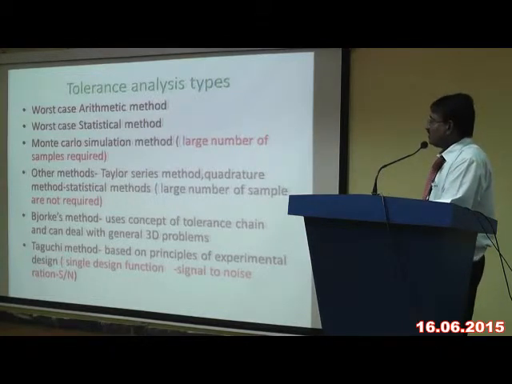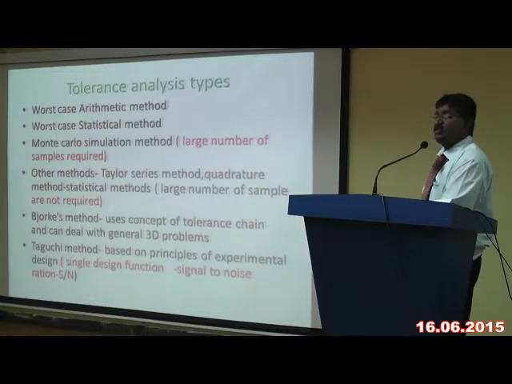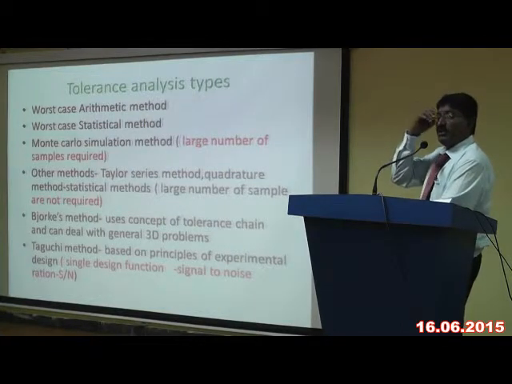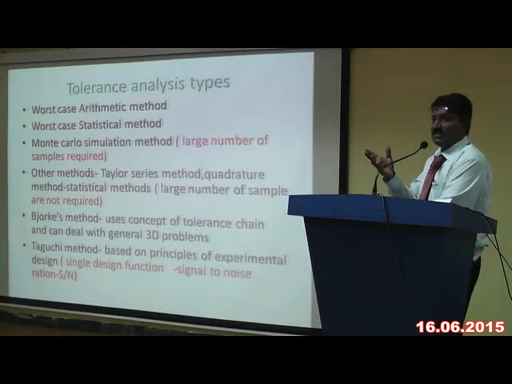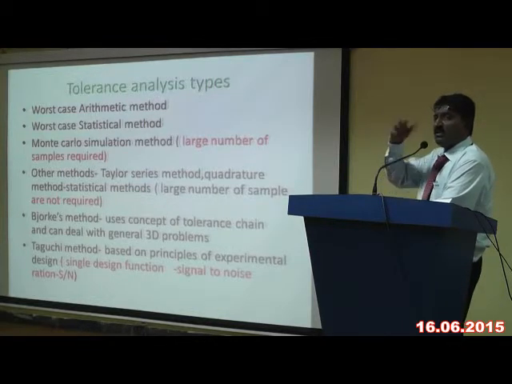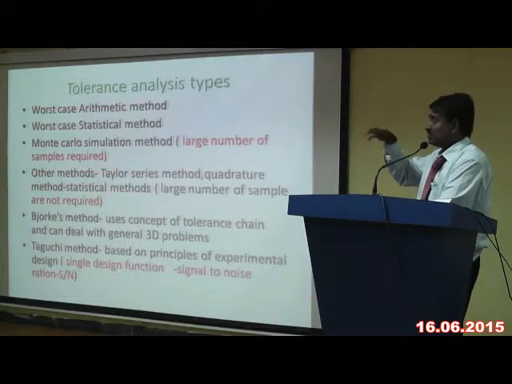Monte Carlo simulation method, large samples are required. Suppose you take a cube, simply one cube. 1% of tolerance is given on all sides. So f is equal to root of a square plus b square plus c square, or 0.01 into root of a square plus b square plus c square.